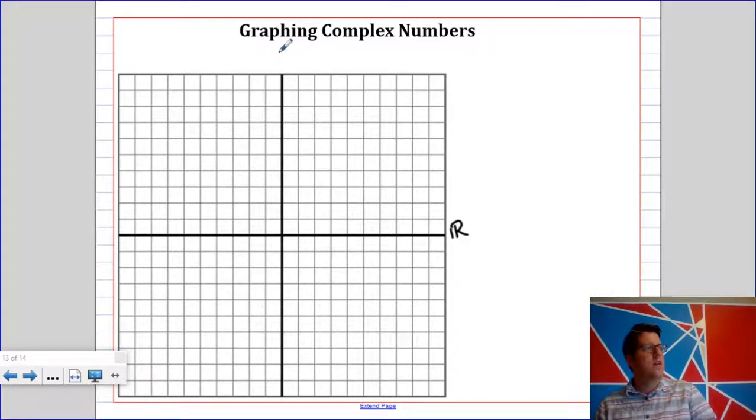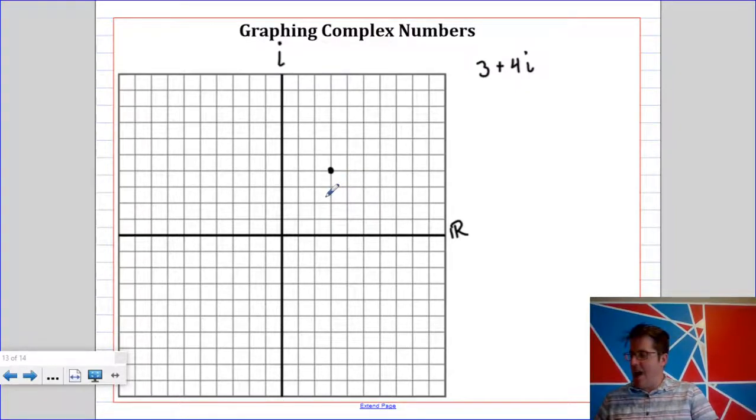And then this is the imaginary axis. So if I wanted to graph the number 3 plus 4i, I would go to 3 on the real number line and 4 on the imaginary number line.